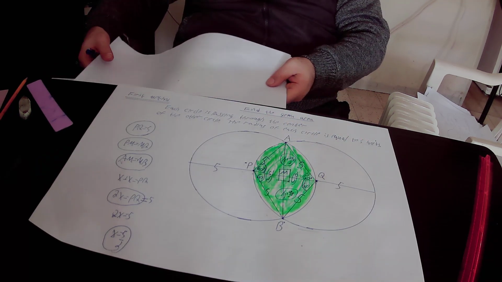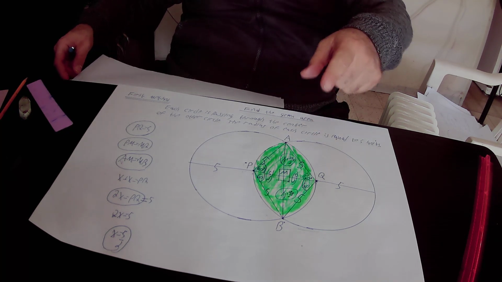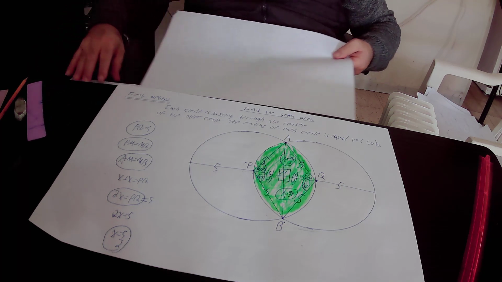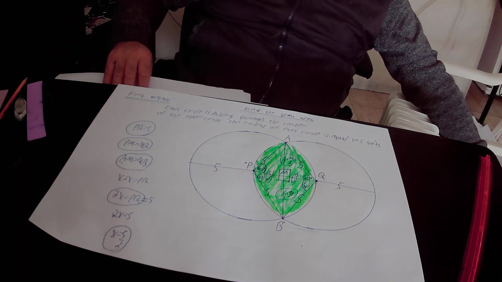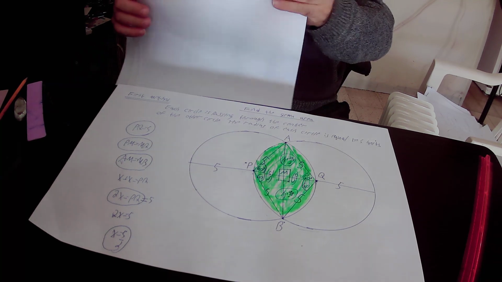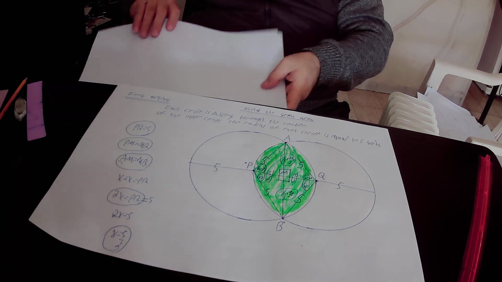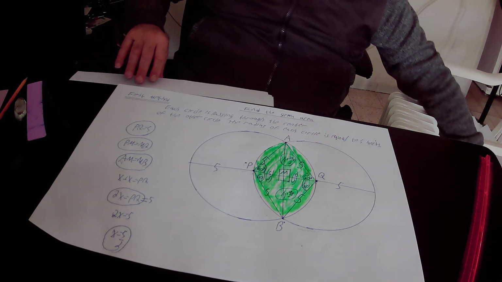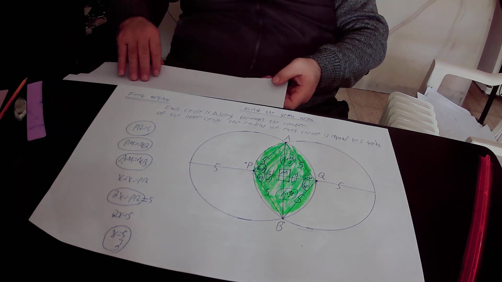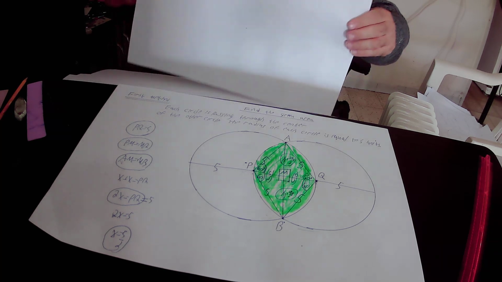Each circle is passing through the center of the other circle. We know that the radius of each circle is equal to 5 units, and we want to find out the area of this green shape. First of all, I explained what is a sector.